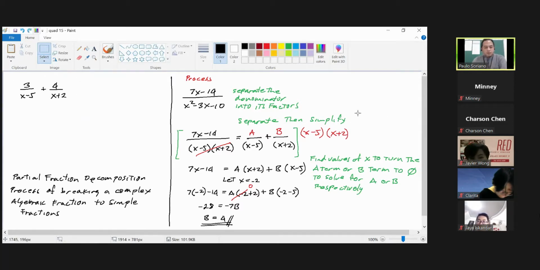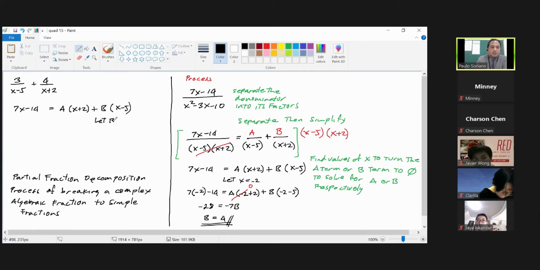Now that we have B, it's time for us to solve for A. I will start again with this one, the original. This time I am going to work with the B one. So we let x equal to 5.